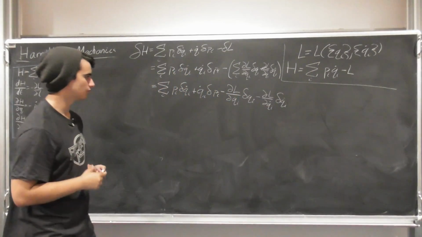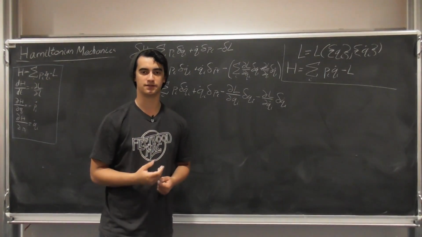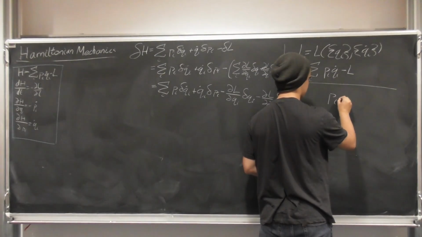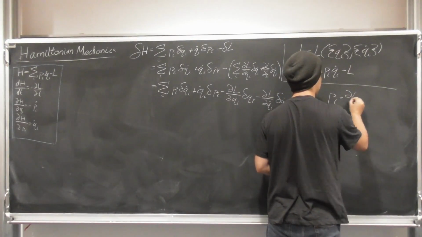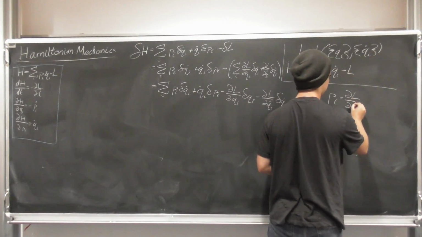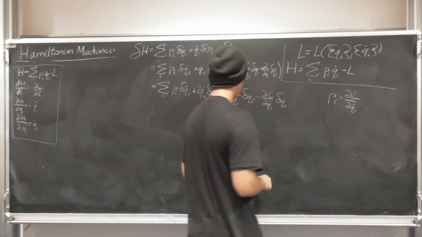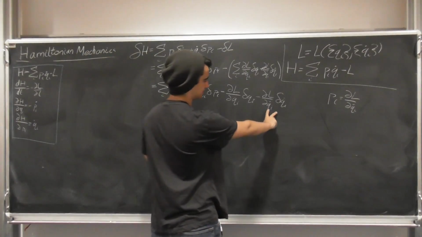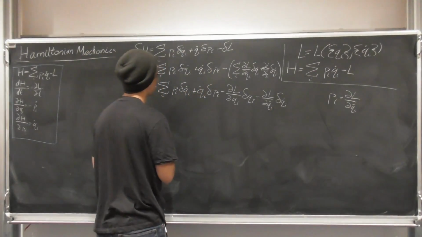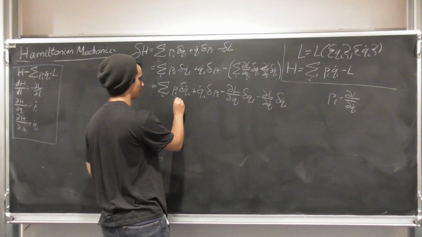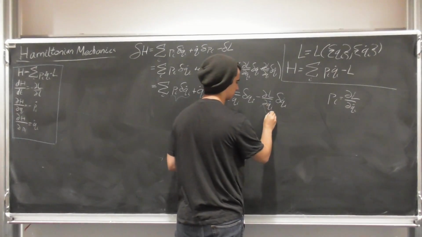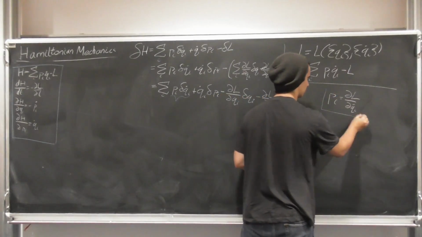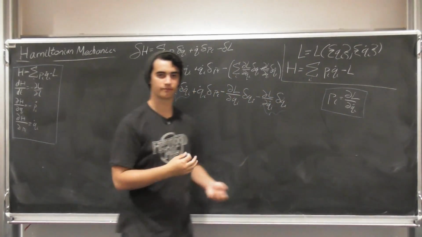Okay, right. So if we remember our definition of the conjugate momentum, we said that the momentum p sub i is equal to dL/dq sub i dot. And so we can see that this term here is the same as this term here. So this first term with the momentum is the same as this last term, because of this conjugate momentum connection.